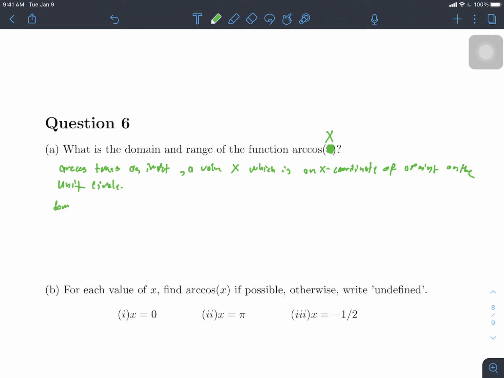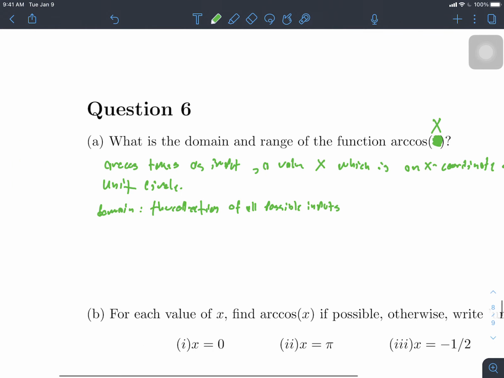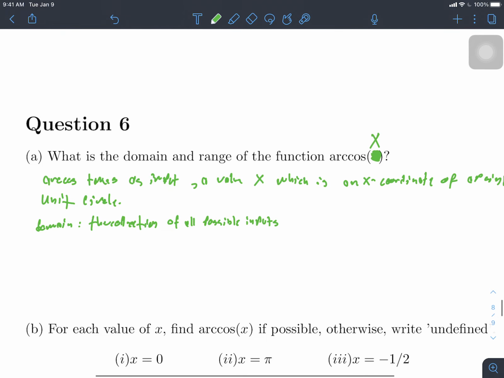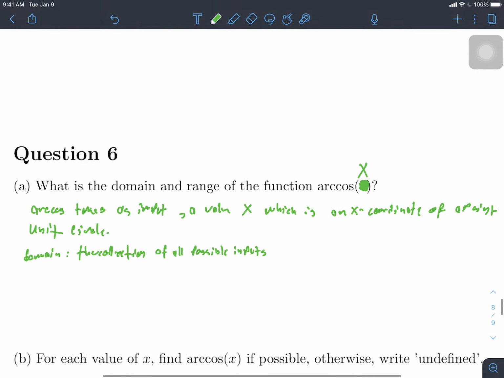The domain of a function is the collection of all possible inputs. So in our case, the domain of the arc cosine function is going to be the values of x which can be taken by a point on the unit circle.